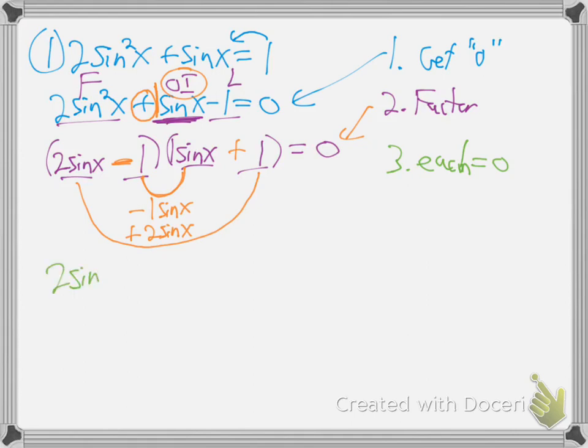So the first one equals 0, or the second one is 0. We good there? Okay, now, do you know how to finish those from there? What do we do from there?